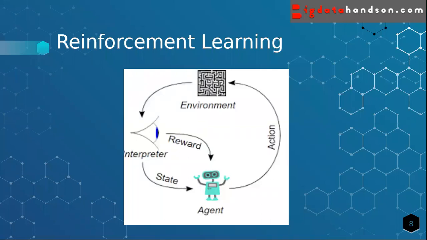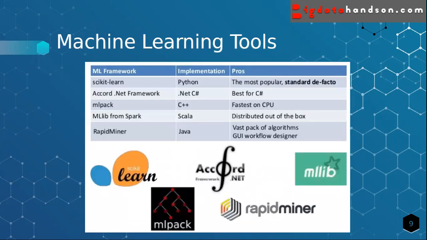The interpreter will give a reward or a punishment, and then the state will be updated. So this was the process of reinforcement learning. We'll see reinforcement learning in the last part. The last 8 sessions are for reinforcement learning, and we'll see many algorithms on reinforcement learning. Now we have machine learning tools.